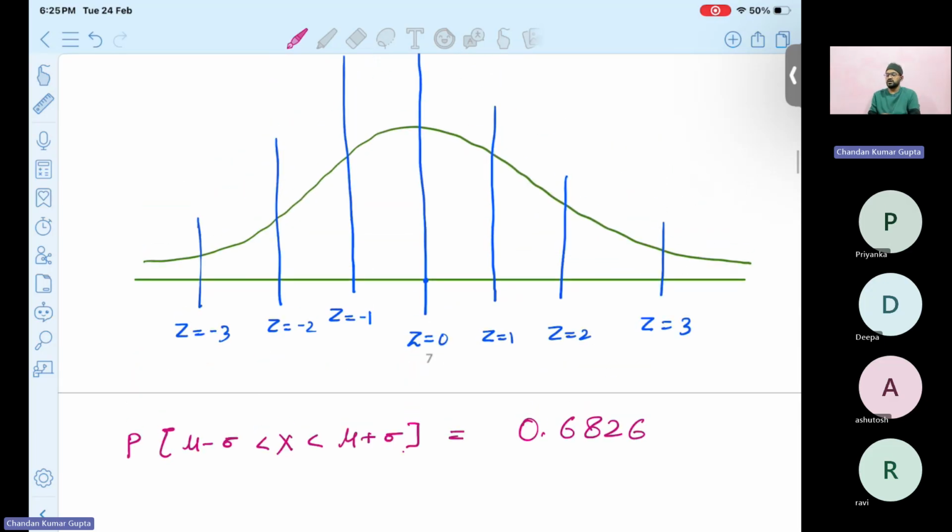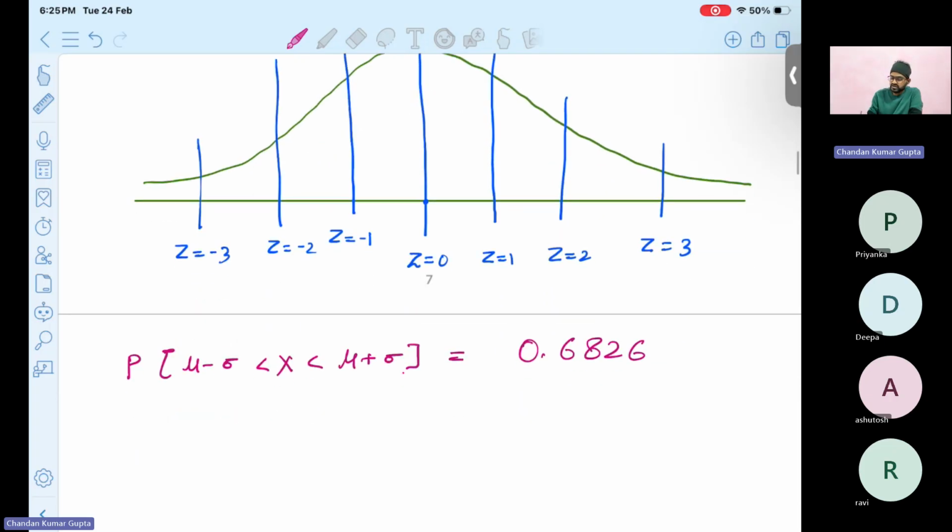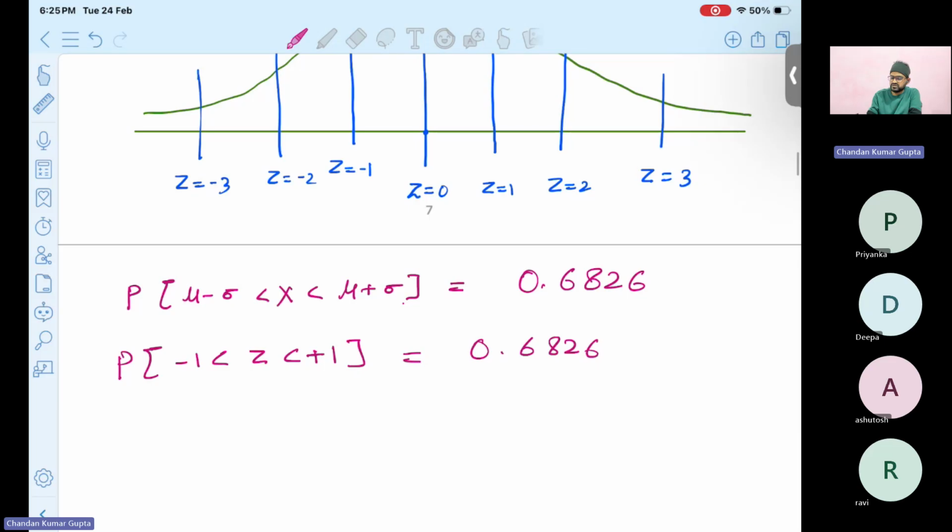That means within the one sigma limit, if x is a normal random variable, the total probability is 68.26%. We can also write this as z from minus 1 to plus 1, the same value, 0.6826.